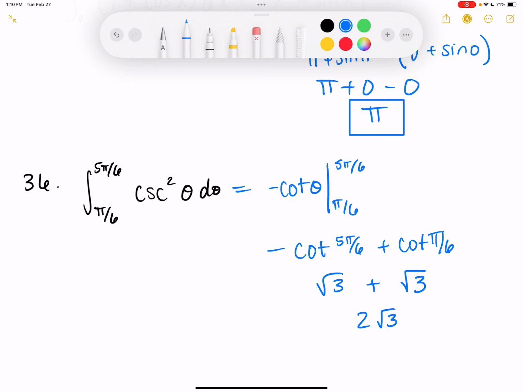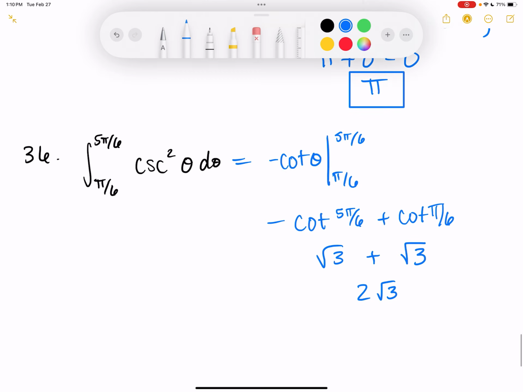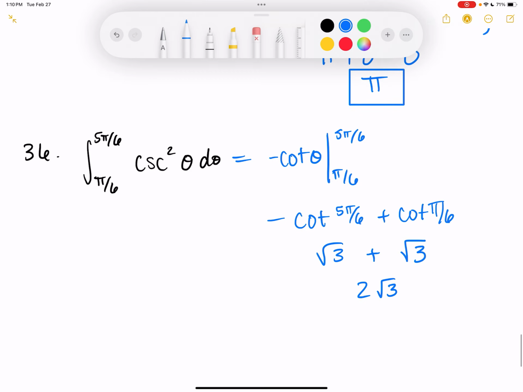You flip it, but then you can't have a radical at the bottom, so you have to rationalize. How could the cotangent be root 3? Where does that 3 go?